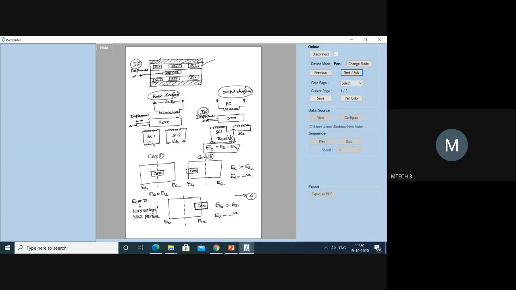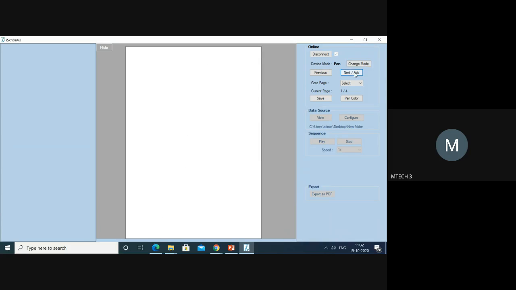Let's go to the 4th page. Let me write one simple diagram.